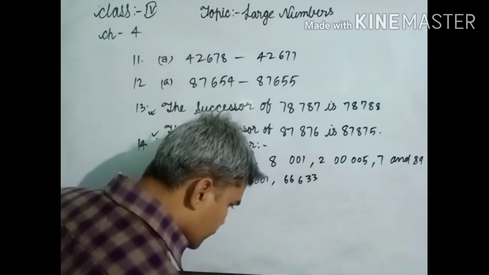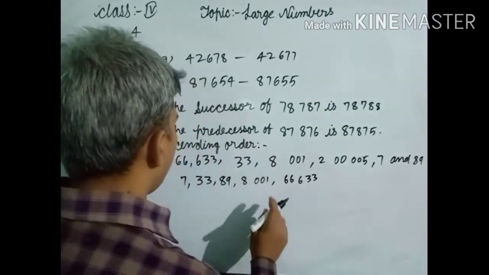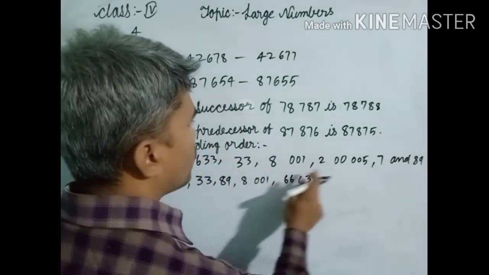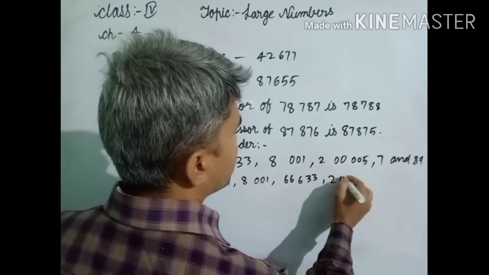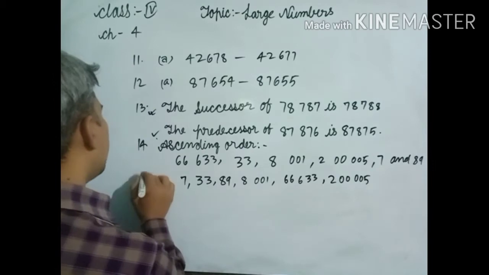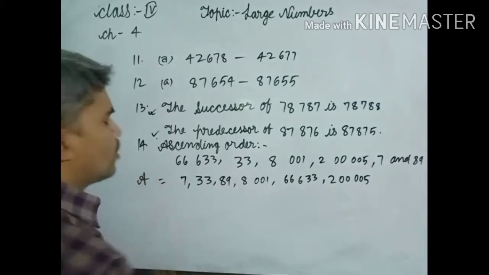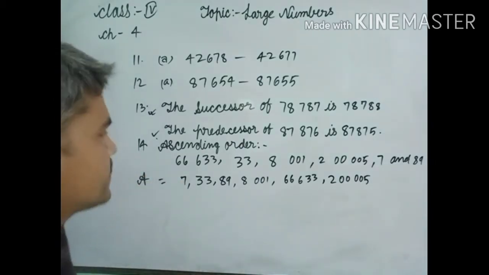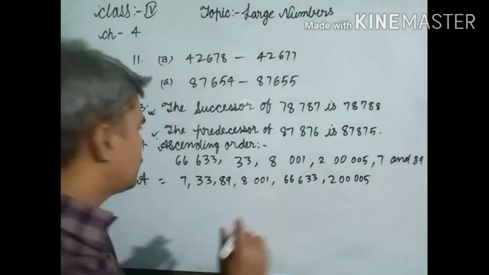And now 2 lakh 5. In this way, dear students, arrange in ascending order, that means the smallest to greatest.